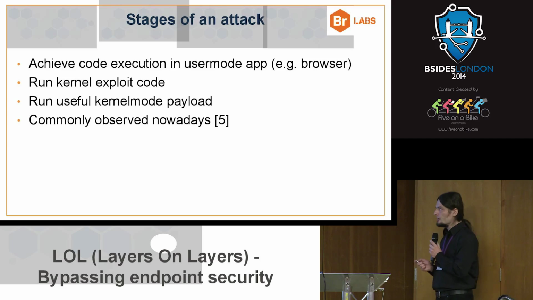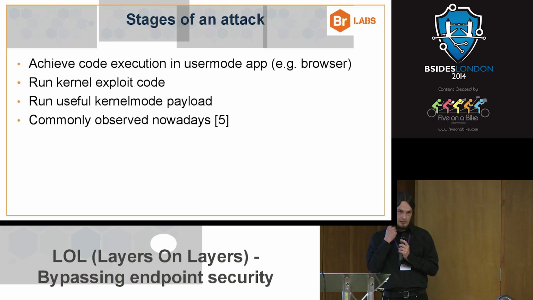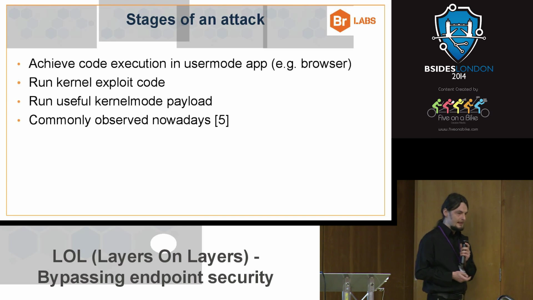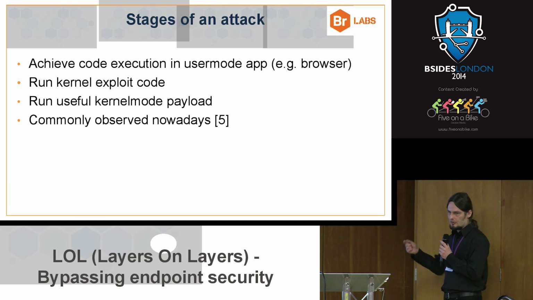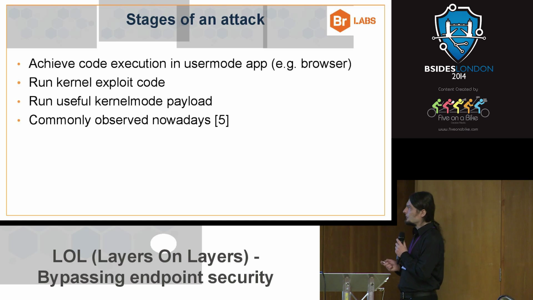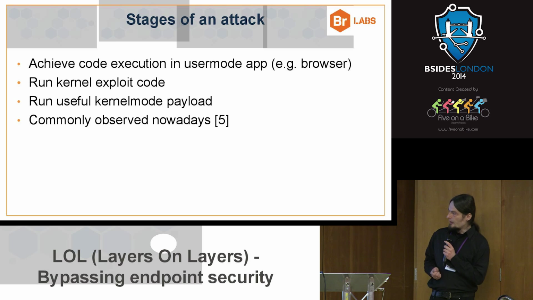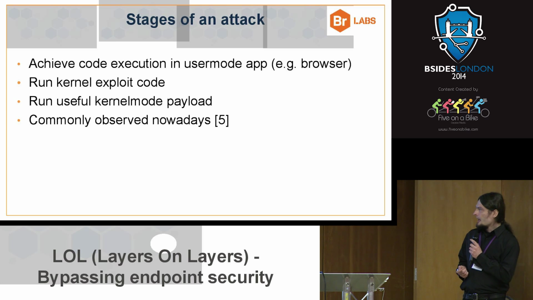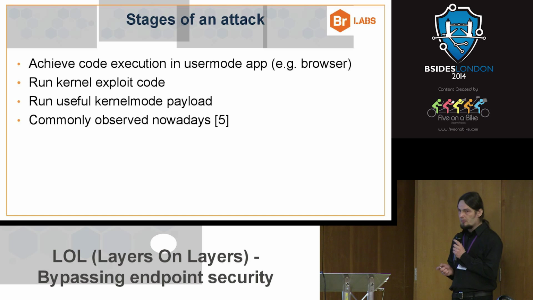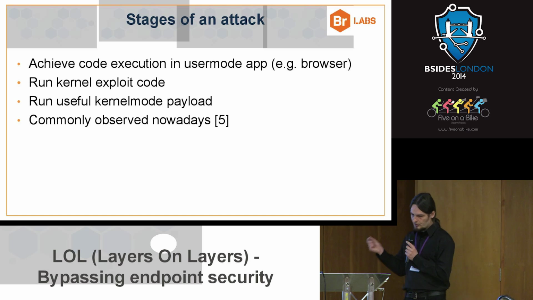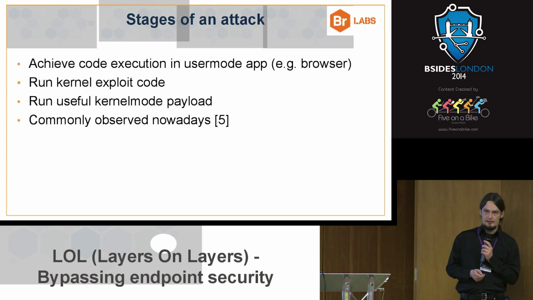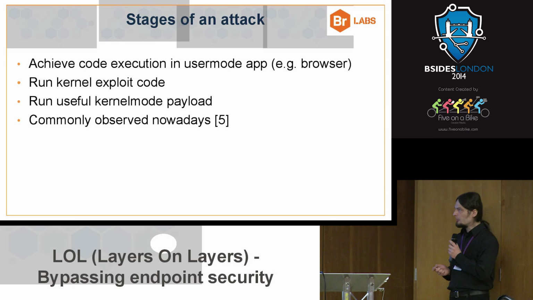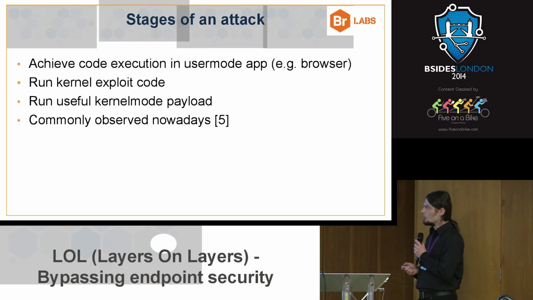First, the attacker needs to achieve code execution in the context of the user mode application. So, for instance, you craft some malformed HTML file, which is passed to a browser, and then you exploit the browser, and you have the ability to run arbitrary code. Then, once we have it, we can prepare and run special user mode code that interacts with the kernel and tries to exploit a vulnerability in it, and as a result, get the ability to run arbitrary kernel mode code.